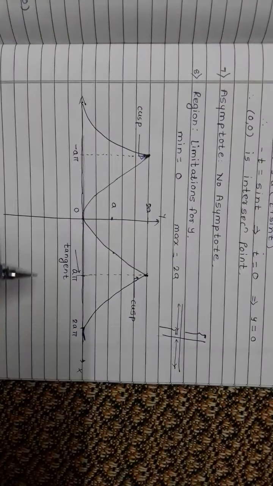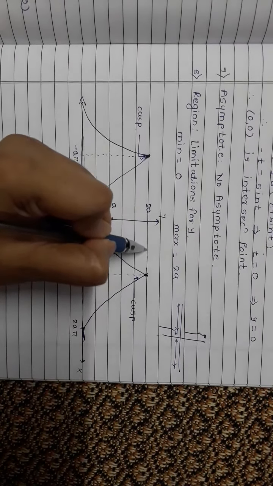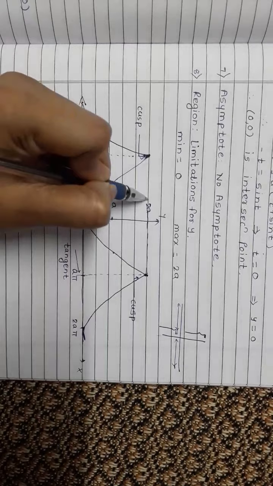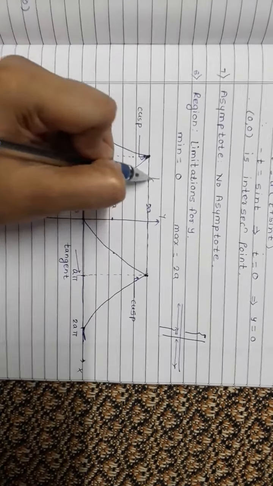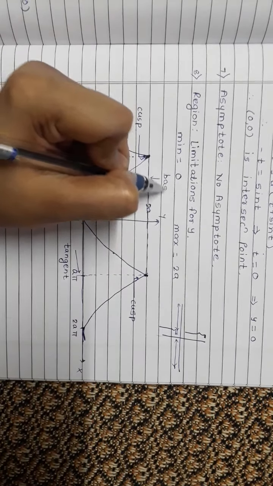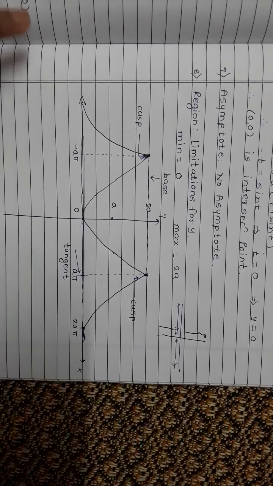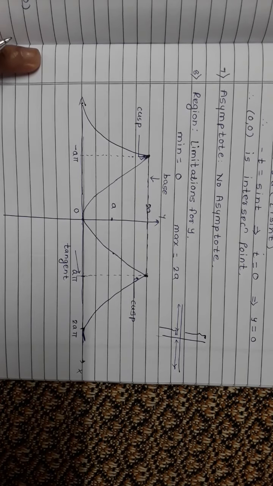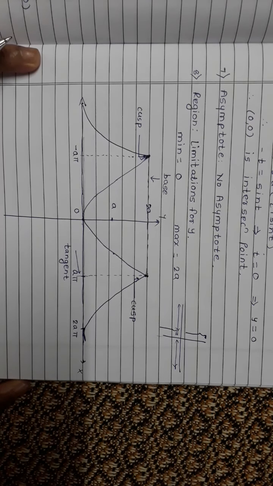The curve is passing through the origin, and when I join these 2 points I got a base. Okay, so this is it. You can call this a cycloid. Similarly you can draw the remaining 3 also.